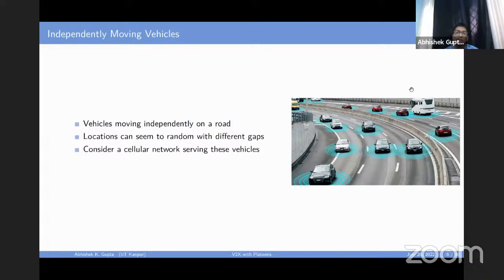They are making their decisions independently. And if you consider a cellular network serving these vehicles, it may happen that some base stations have a large load and some have a low load. There is also no guarantee on the minimum distance, only on the maximum distance between two vehicles. So this makes communication a little bit harder.